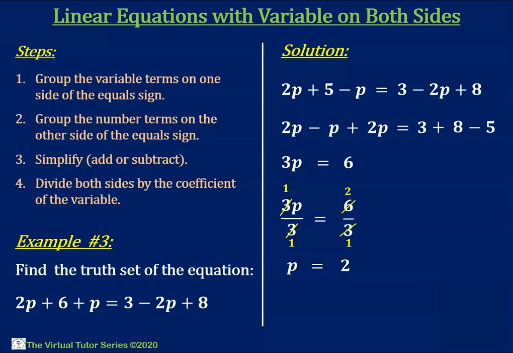However, this is not the final answer because the question is asking for the truth set of the equation and not just the solution or root. Therefore, the solution needs to be put in curly brackets or braces.